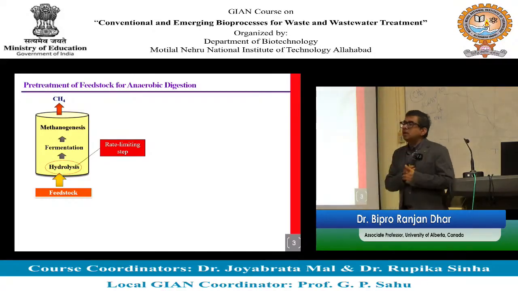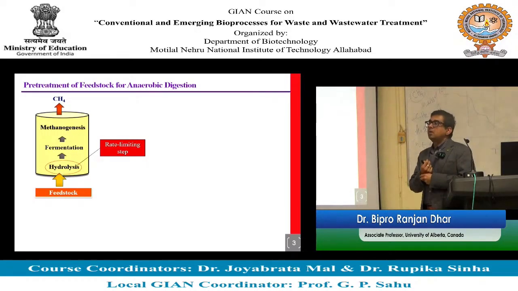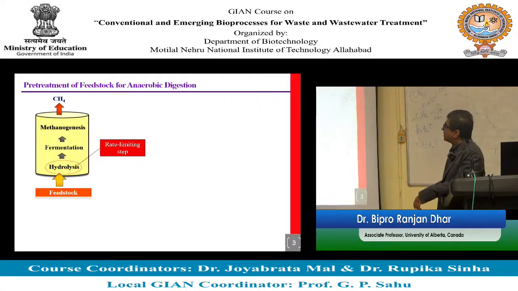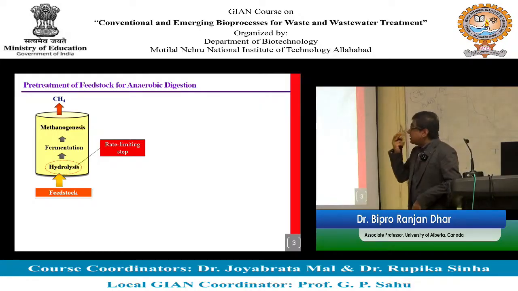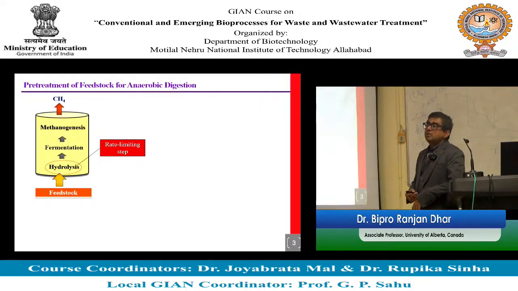So that's why one of the common challenges is that you have to provide a higher residence time to make sure you have enough hydrolysis of your organics, so you can recover them as biogas. But sometimes it may not be feasible.